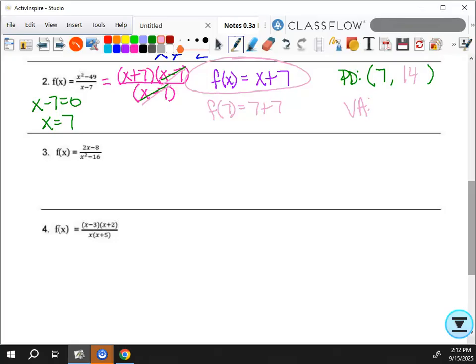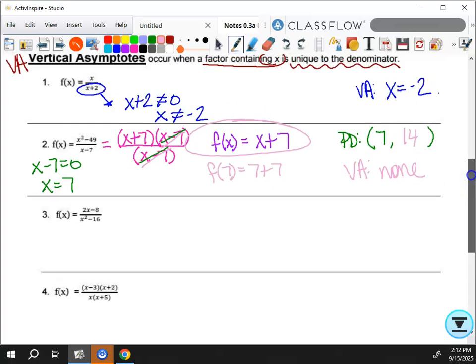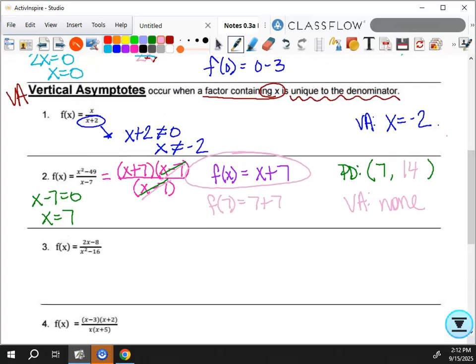And a line is not going to have a vertical asymptote. So my answer here is just none. That's a possibility. Exactly. The one above it has no holes, but it has a vertical asymptote. This one has a hole, but no vertical asymptote. Not everything has a hole, and not everything has a vertical asymptote, right?